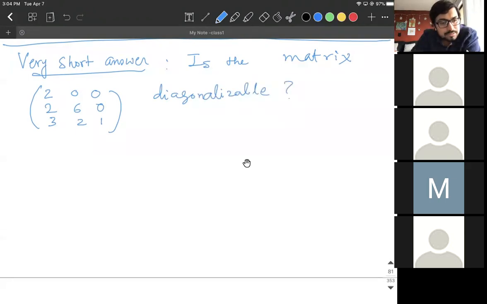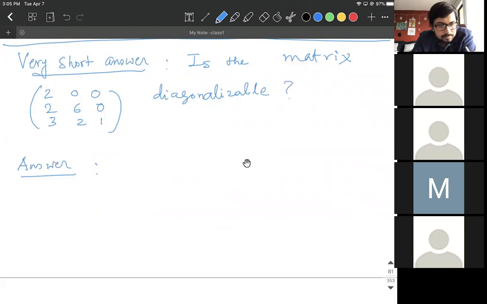One line: is this matrix diagonalizable or not? Any ideas?